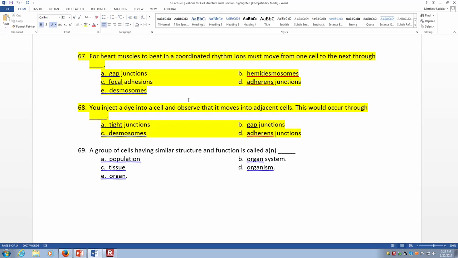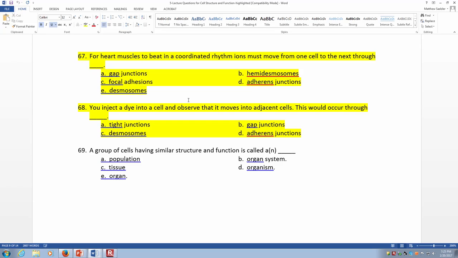And then 68, you inject a dye into a cell and observe that it moves into an adjacent cell. This would occur through what? Right, gap junctions again. So remember we said that gap junctions form a channel that connects the cytosol of 2 cells, and then small molecules and ions are able to freely pass through that channel.